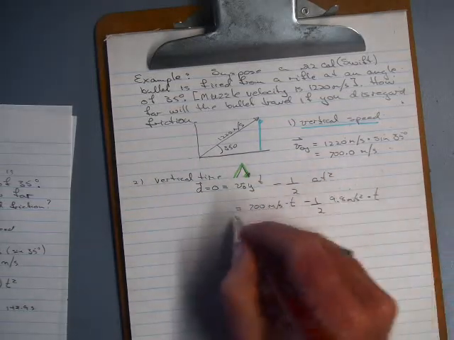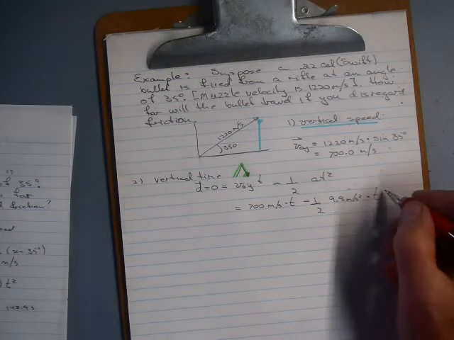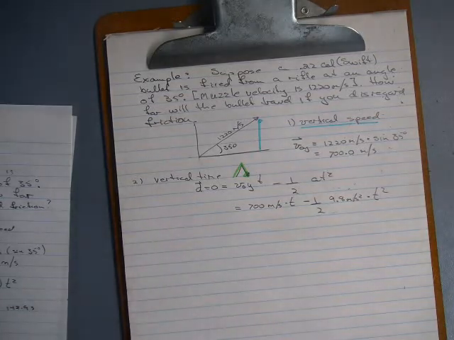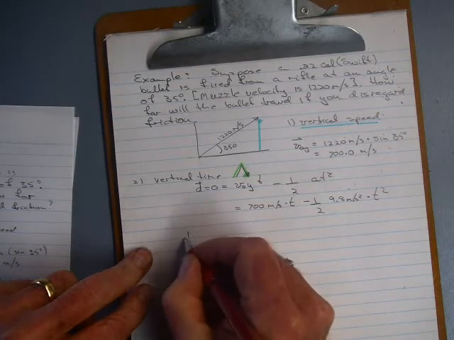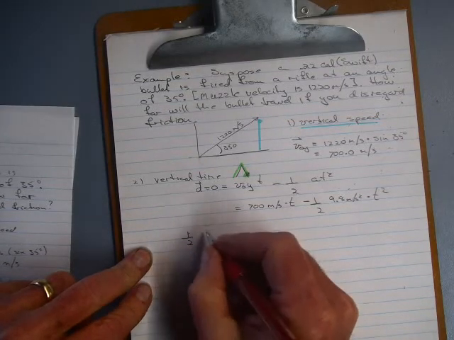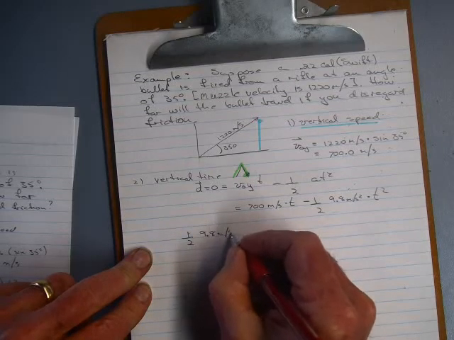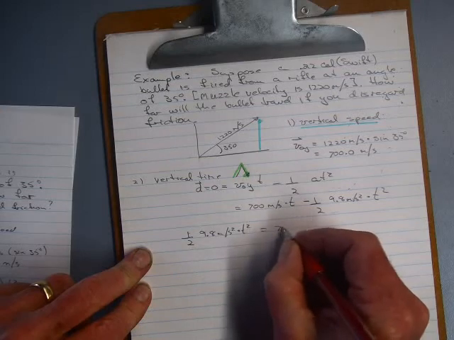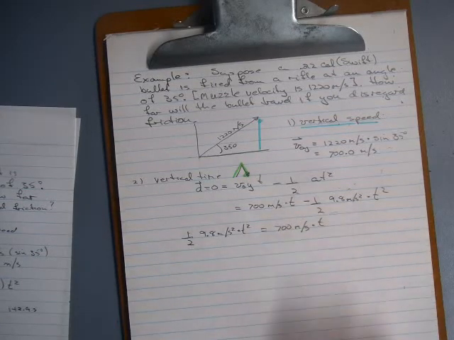So I'm going to pull this over to the other side. So 1/2 times 9.8 meters per second squared times t squared is equal to 700 meters per second times t.